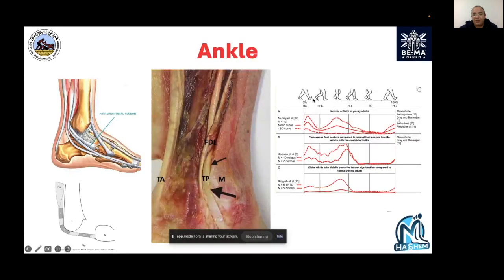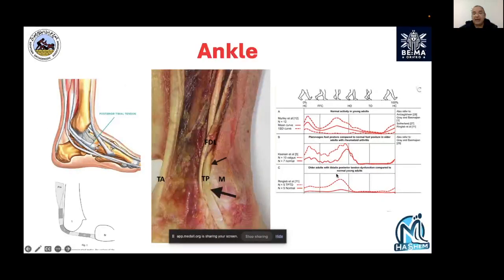At heel strike, then you put the foot flat, and you're loading the flat foot. Then before toe-off, it is very important for the tib post to come into action, so it can raise your arch and change the planes of your midfoot or Chopart joint, and this is when you make your foot a rigid lever. Otherwise, your foot will break at this stage.